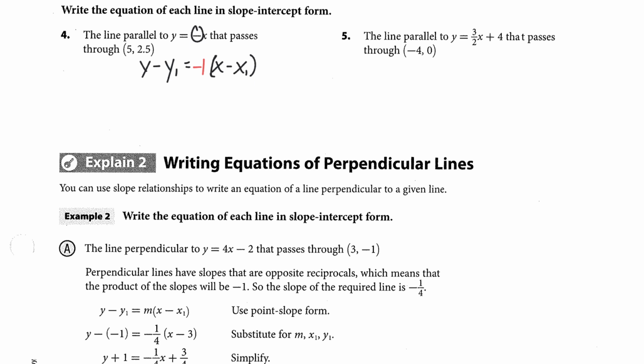Then we need to replace the x1 value with 5. And the y1 value with 2.5. Now we will distribute and simplify.